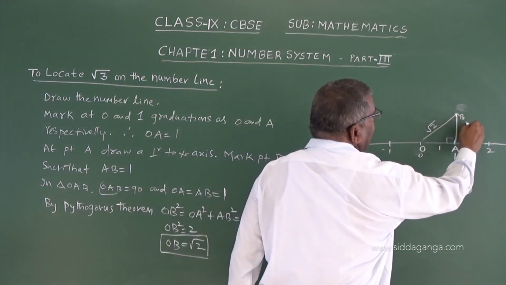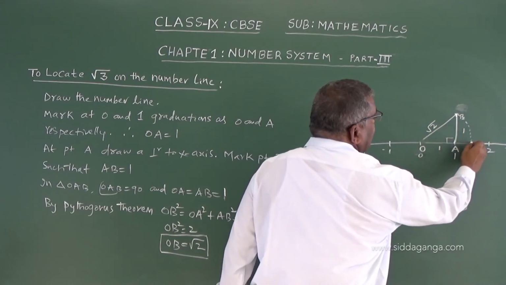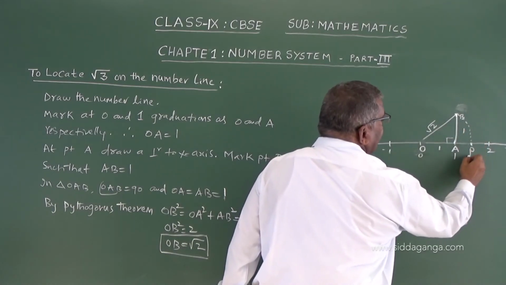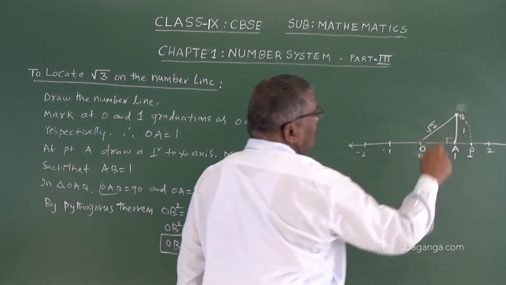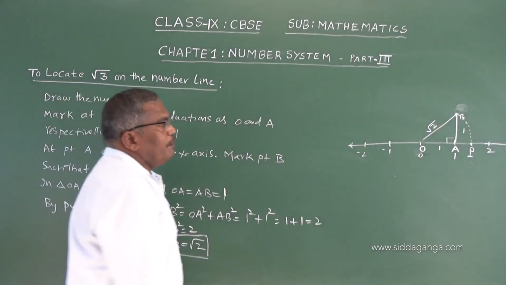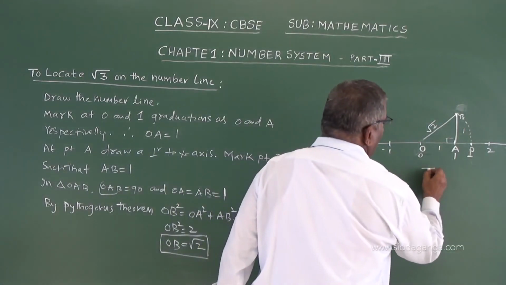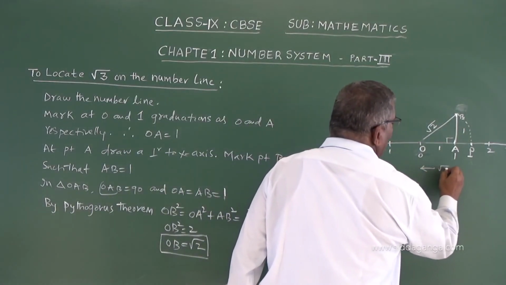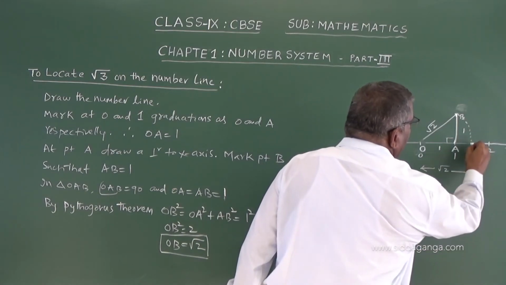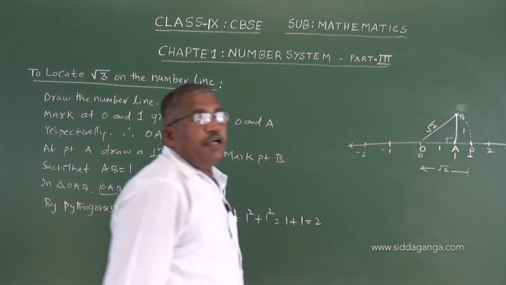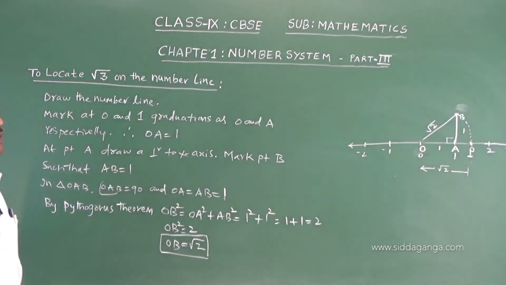Let us say we cut it like this and we will get the point P, and OP distance is same as OB distance, so OP will be equal to root 2. So this is how we can locate root 2 point on the number line.